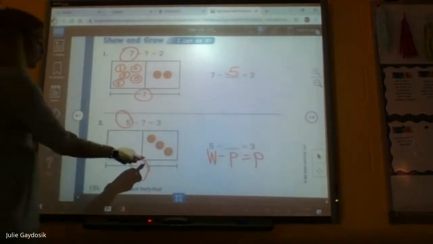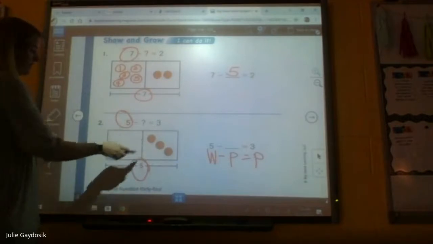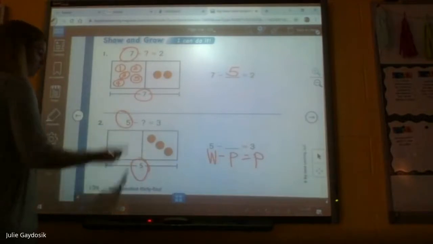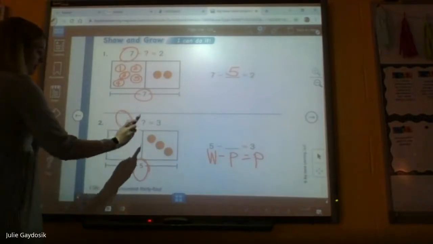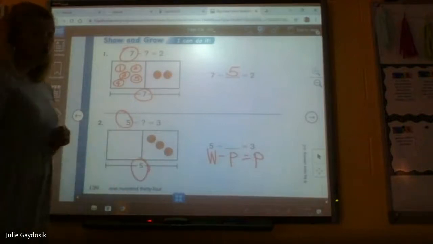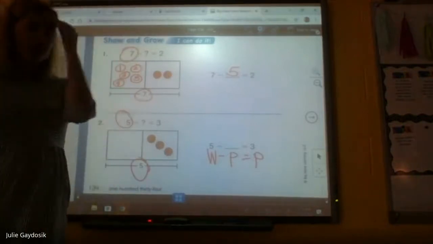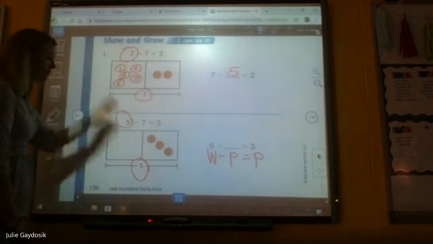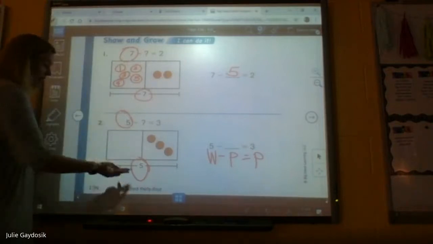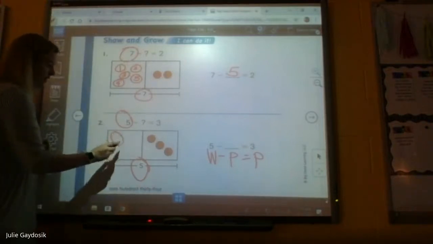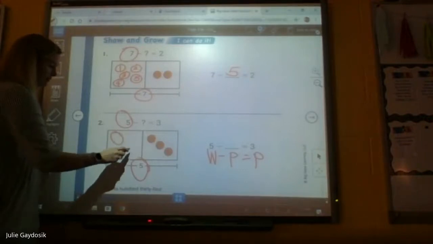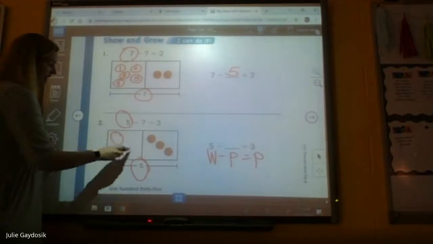So this is your whole number. 3 plus some number is going to equal 5. Or 5 minus some number is going to equal 3. So you could always do 5 in your head and count back till you get to 3. So 5, 4, you'd have to do 5, 4.